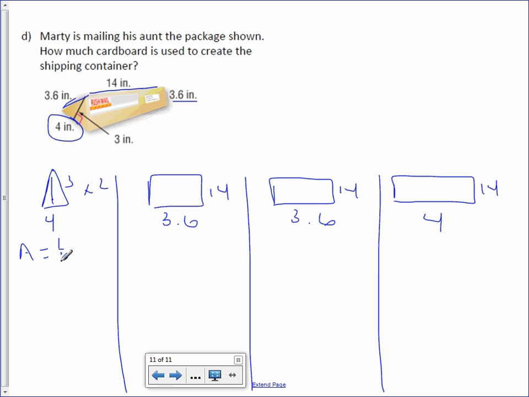Area equals 1/2 base times height. Area equals 0.5 times 4 times 3. Area equals 6 inches squared. But I have 2 triangles, so area equals 12 inches squared.